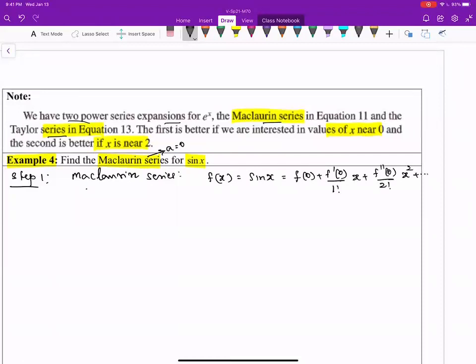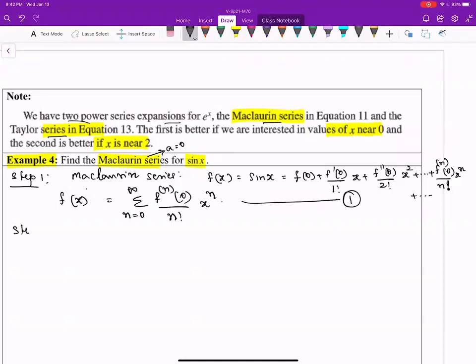It goes like this: the nth derivative at 0 over factorial n times x to the power n, and it goes on like this. We write the same thing in sigma version: sigma n varying from 0 to infinity, nth derivative of f at 0 over factorial n times x to the power n.